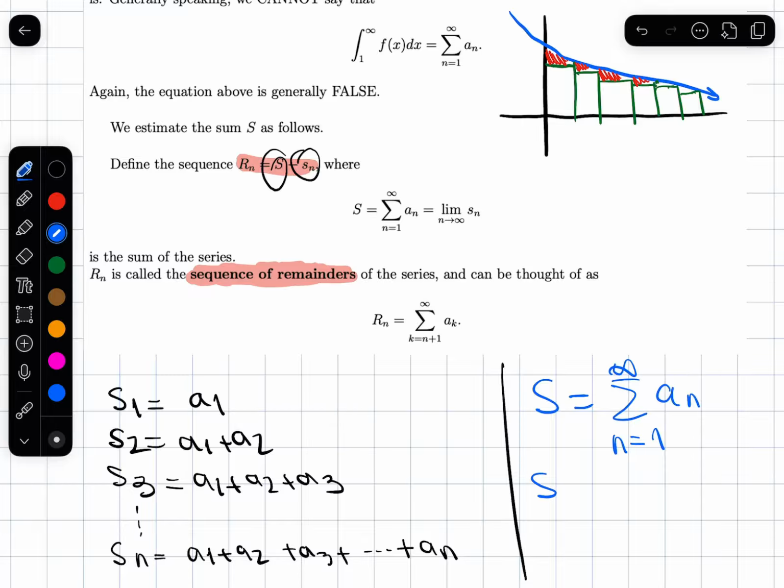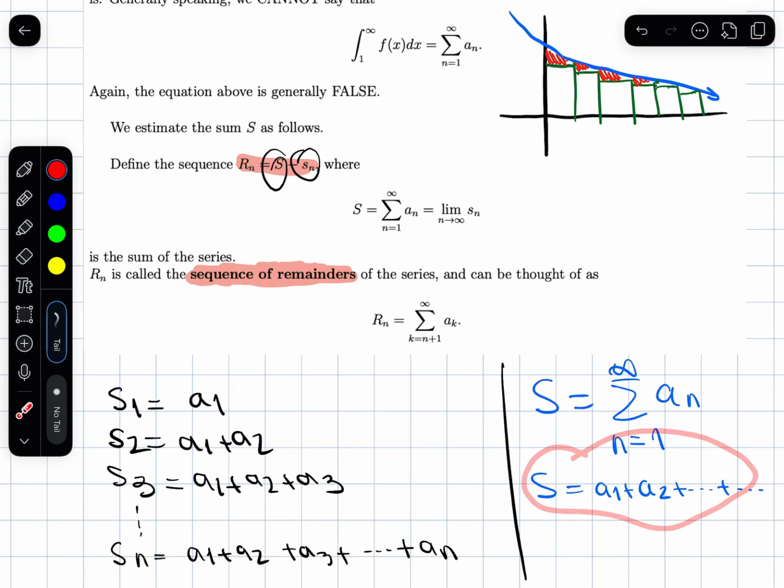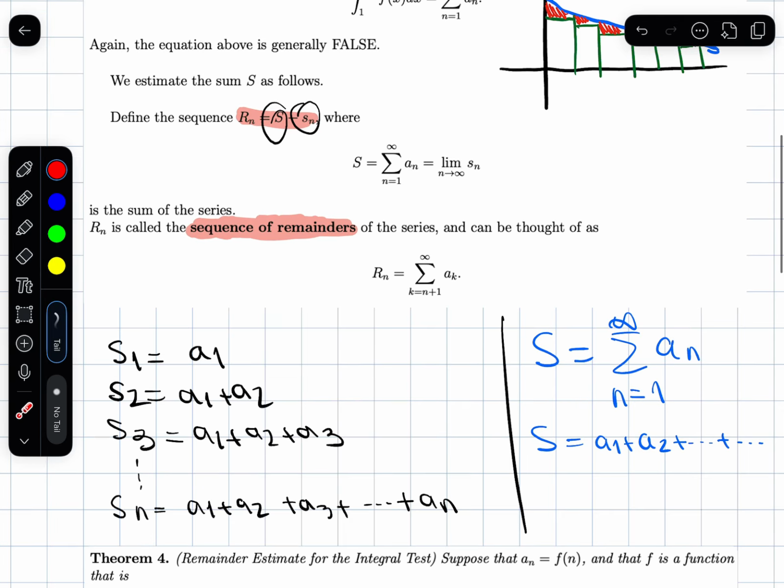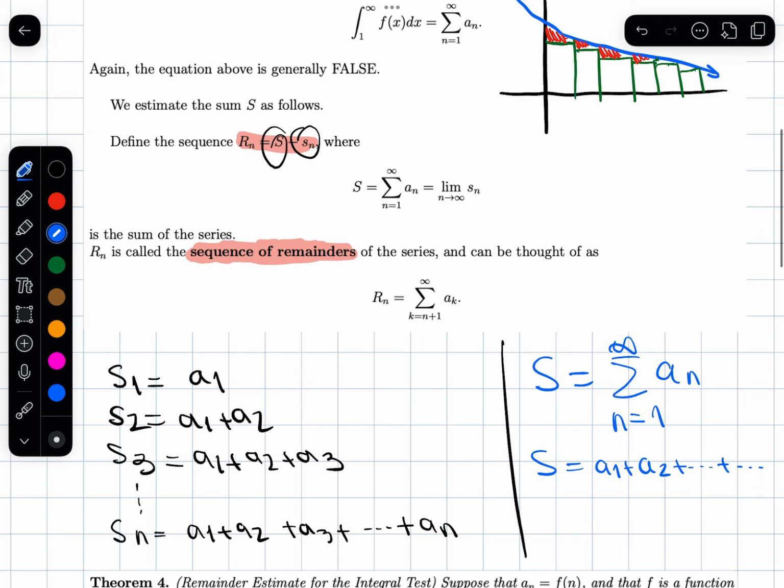So S is going to be adding all of them without stopping. Okay? Sn stops at n. S3 stops at 3. S2 stops at 2. And S, without any index, doesn't stop. We just add forever. So when we subtract these two, what we get is the remainder of this series.